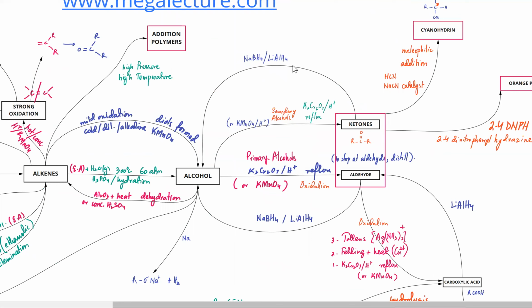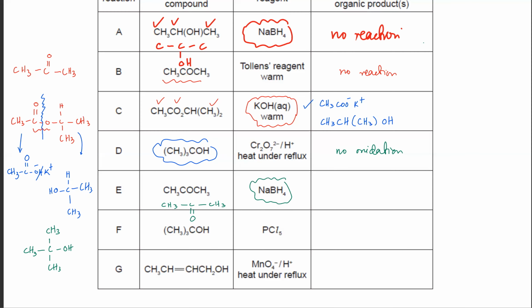So the reverse happens. Secondary alcohols turn into ketones when you oxidize them, but when you reduce a ketone, it turns back into an alcohol. I'm going to draw the same molecule, except that in the middle, the C double bond O, I'm going to turn into an alcohol. That's it. So that's a reducing agent.